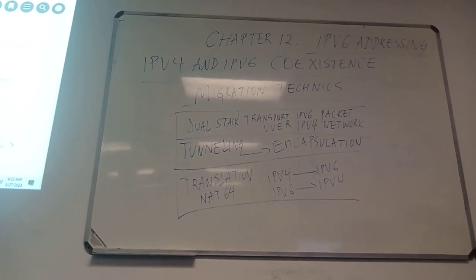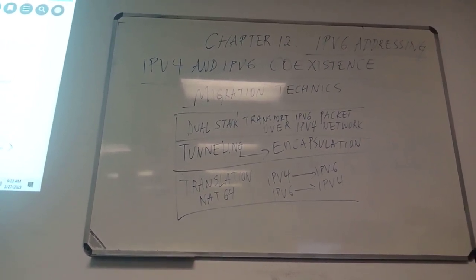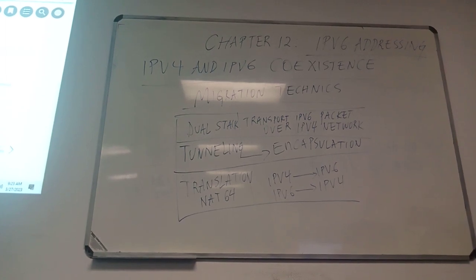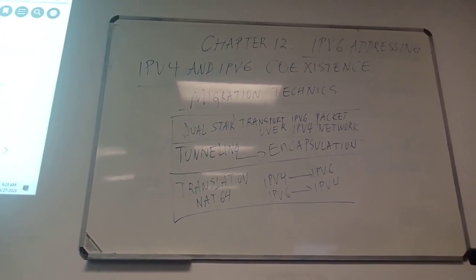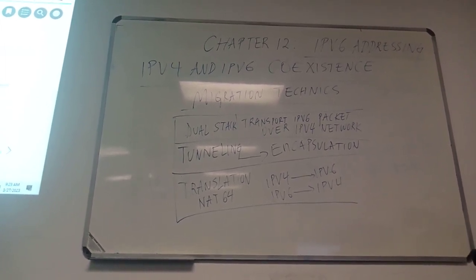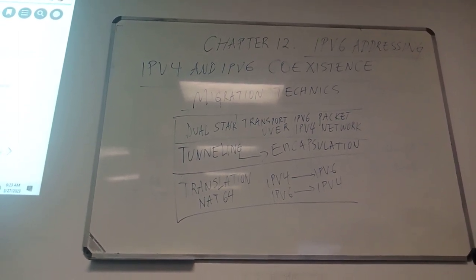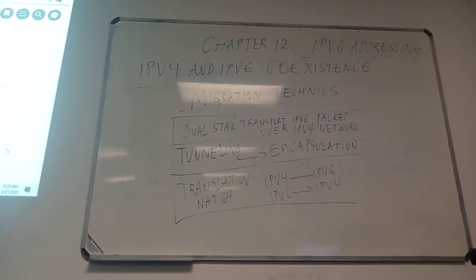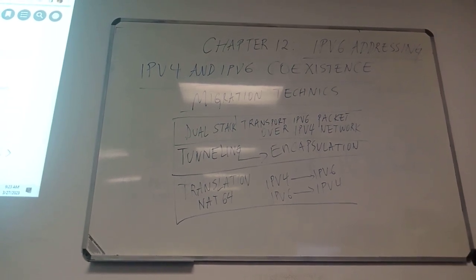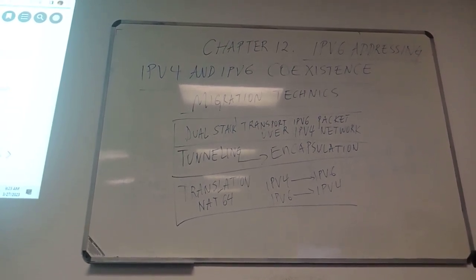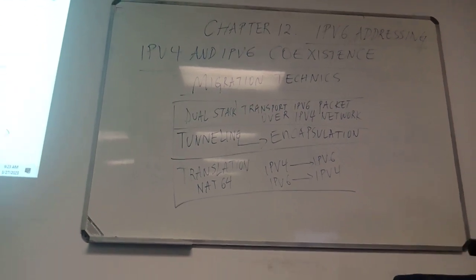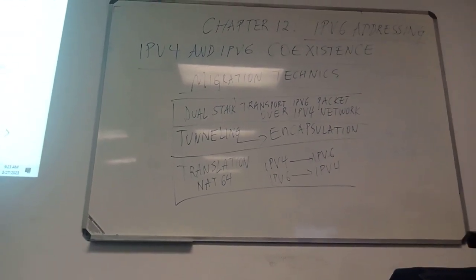The first one is what? Dual stack. So dual stack means your PC will have what? Those two IPs, right? Your IPv6 will run on top of what? IPv4. The second one is tunneling. Tunneling means that for every message, your IPv6 will be inside that message.